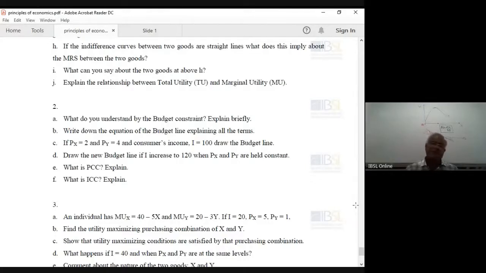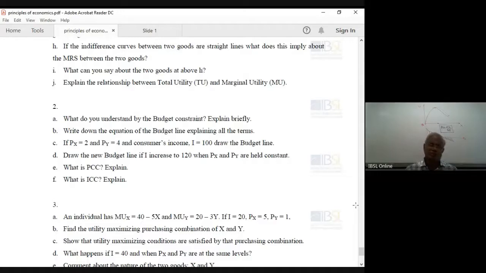For example, marginal utility is the change in total utility divided by change in quantity. Then you can explain what you understand: marginal utility is the utility of the last unit. When your consumption increases by 1 unit, by how much total utility increases.